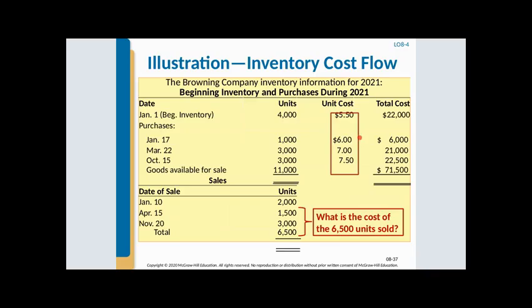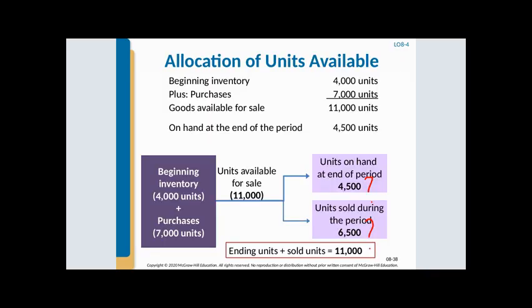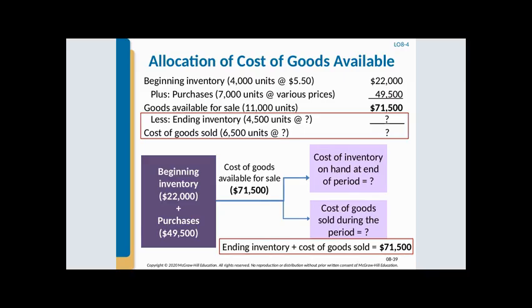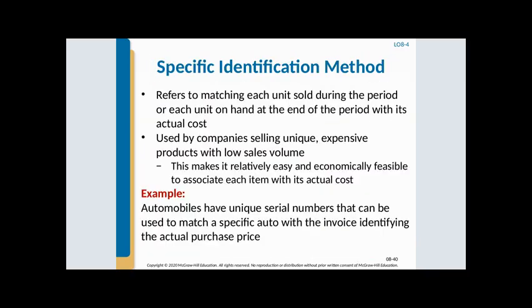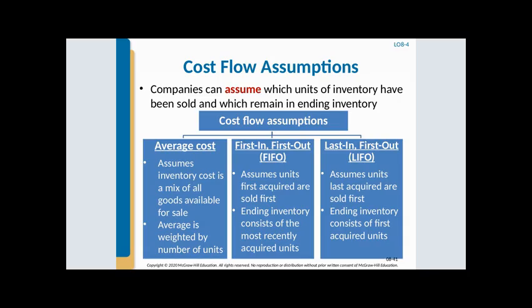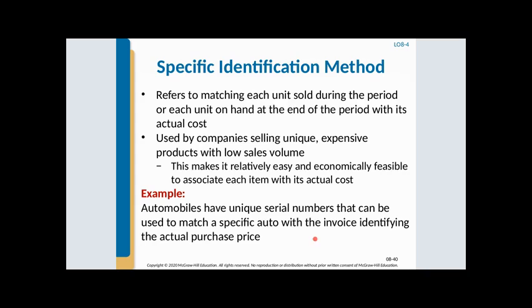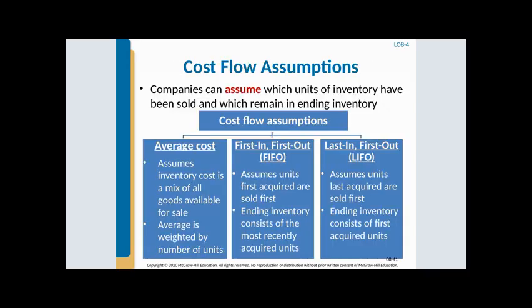So specific identification, they will tell us exactly where it's coming from. It's usually used for items that are different, very special, and therefore we can track those items easily, maybe like luxury items. In that case, we only sell a few, so we know exactly what layer of inventory it's coming from.